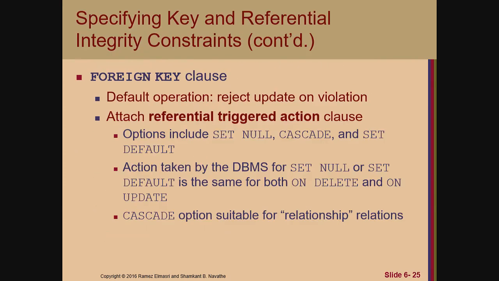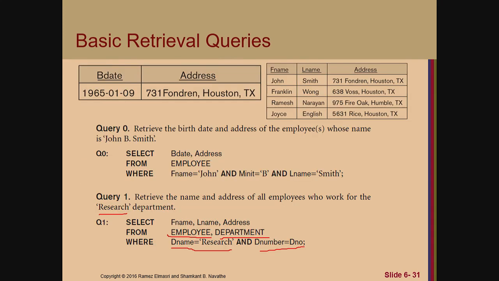Okay, in case you want to be clear in the command, you should add the table name in front of the attribute, like the number in the department: department, dot, number. It's more clear, okay?